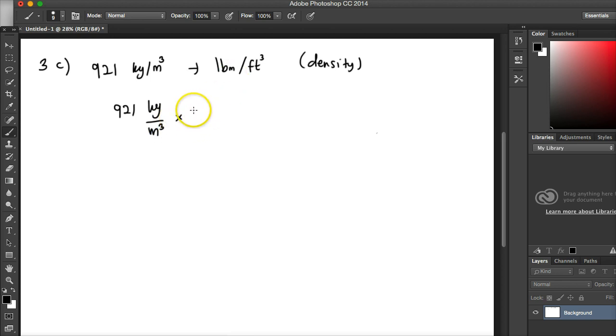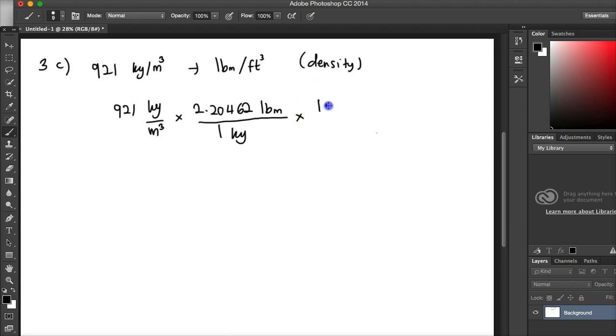So for kilogram to pound, it is 2.20462 pound. You can get this value from your textbook or calculator too. So 2.20462 pound is equal to 1 kg, and then convert the meter cube to cubic foot.